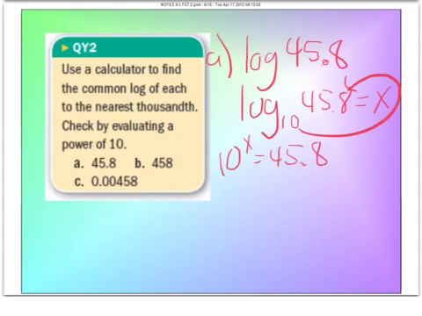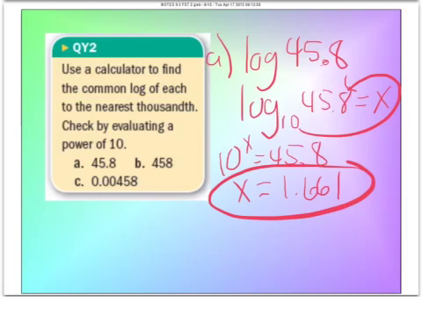It's not going to work out nicely, so what you would use is just the calculator. As simple as this, folks, go to the log button on your calculator, hit log 45.8 and hit enter. You're going to get, to the nearest thousandth, 1.661 is the answer.